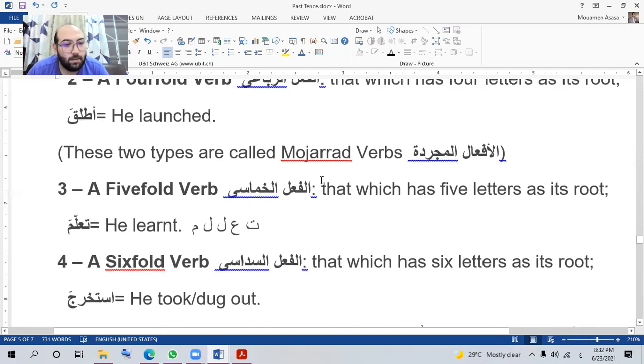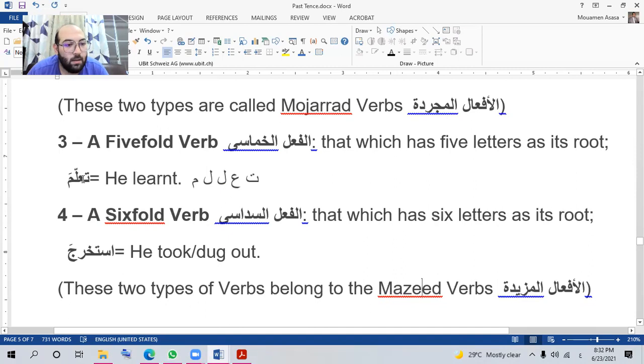Ta'allama, he learned. What if I want to say he teaches? Allama. That means we have another verb from the same structure with 4 letters.